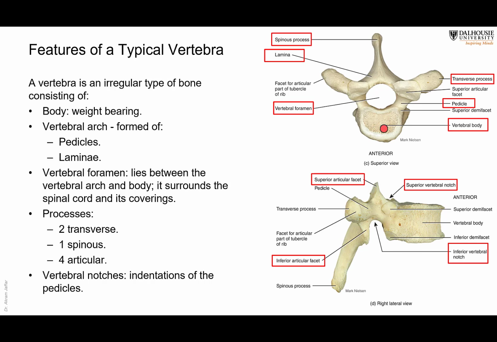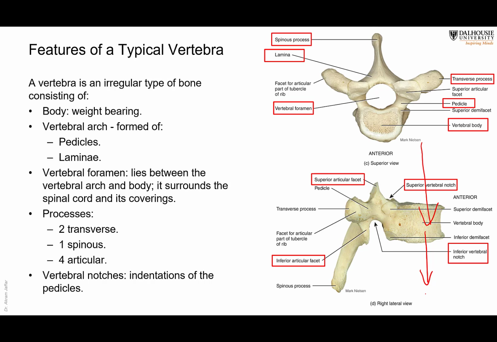As you will see here, the body is the part of the vertebra that withstands the weight. The weight of the body comes through here and it transmits the weight to another vertebra. As we go down in the vertebral column, the force will increase because the weight is increasing.